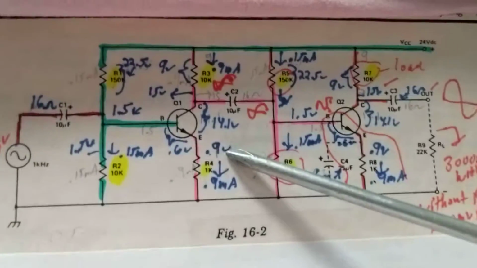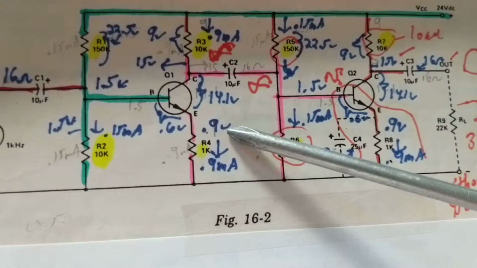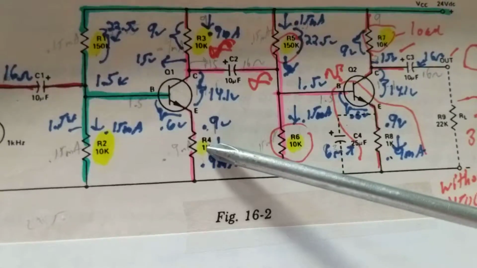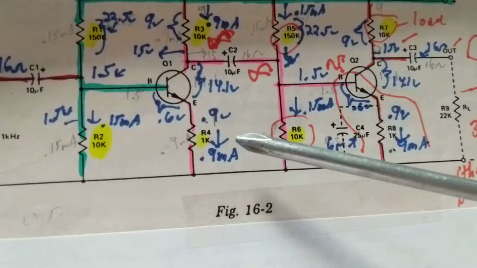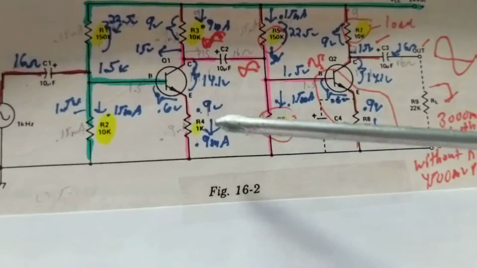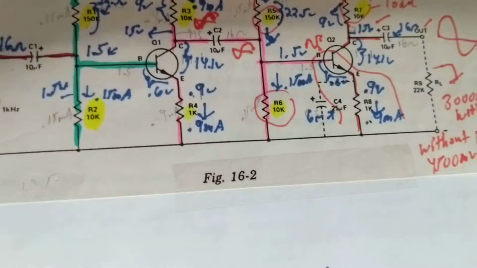Now, that's the key also. Since we know 0.9 volts over here, we know the resistor value, we know the voltage drop across it, guess what? Ohm's law tells us if you know two variables, you can figure out the third thing. Let's go to the formula.